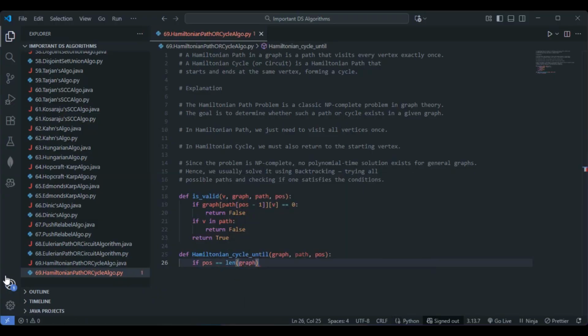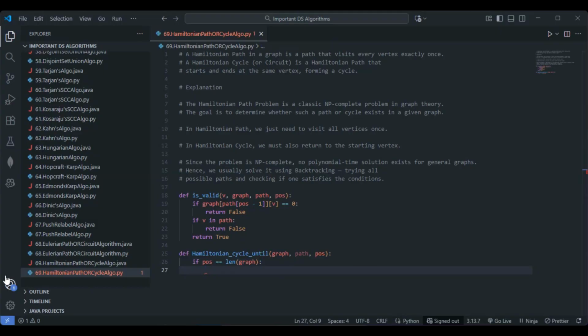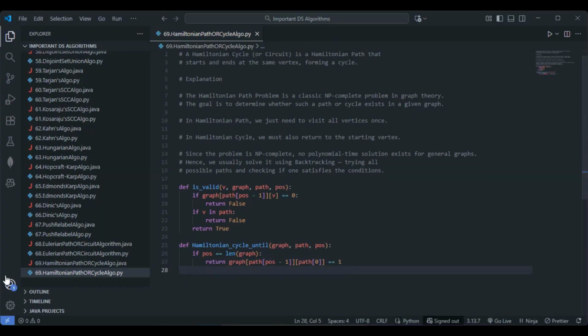Then we'll check if there is an edge from the last to the first vertex, meaning I'll return graph of path of position minus one, path of 0, equals 1.